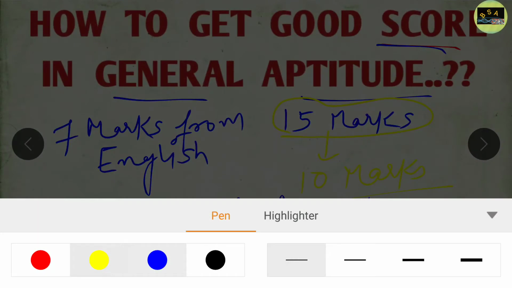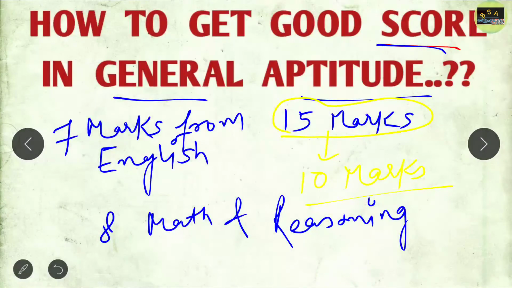So in this 7 marks or 6 marks of questions asked from the English part, that is the grammar part or the comprehension part, you can easily score 5 marks. How?